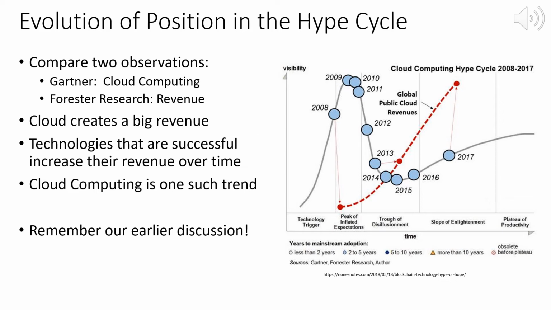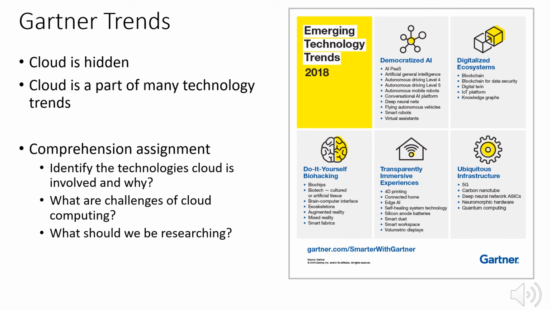Now let us take a look at the Gartner trends that recently seem to be important, and we are focusing here on this year. One of the things we already noticed is that the cloud is hidden, and cloud is part of many technology trends, so we really still need to be considering it.